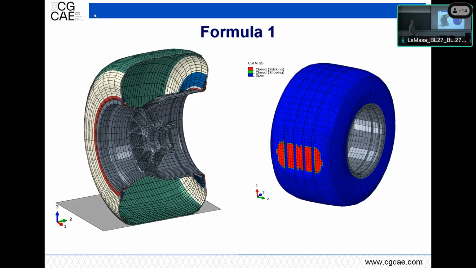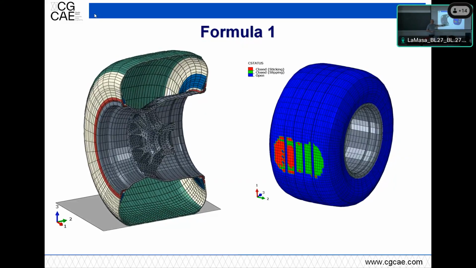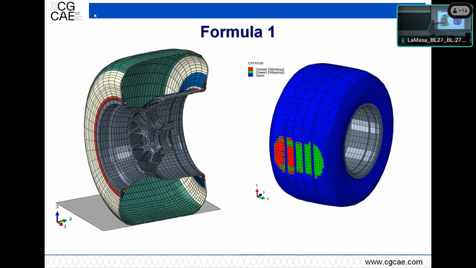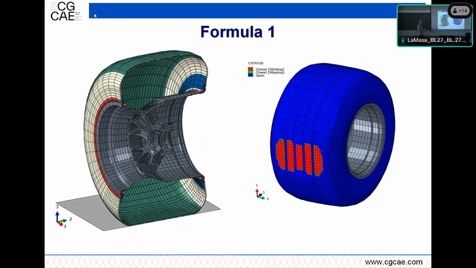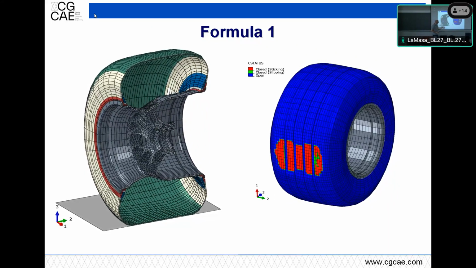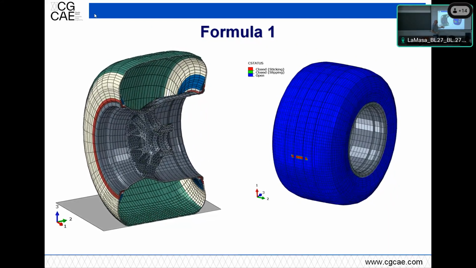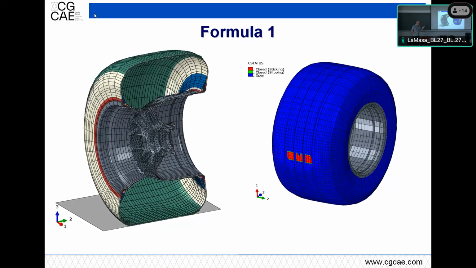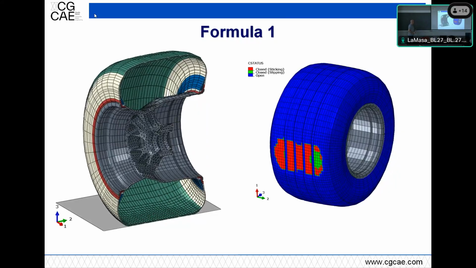I tried to run it at that time, so there was no problem to simulate the pressure inside and to simulate the vertical load. But as soon as I started to apply the lateral load, the model was not converging. Too big distortions on the elements of the contact. I tried with Abaqus, with Nastran, Marc, I think, and no way.